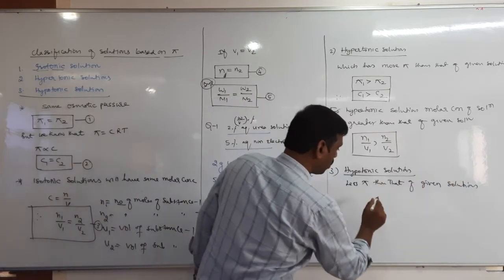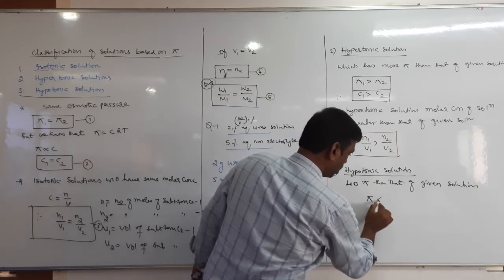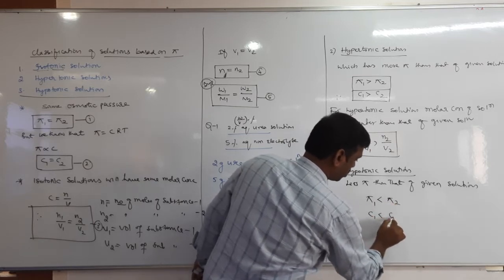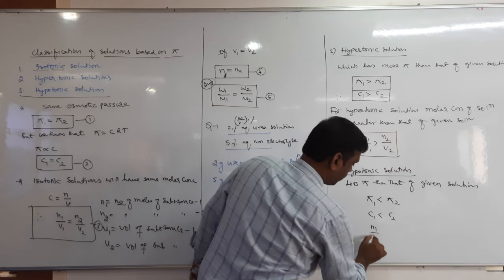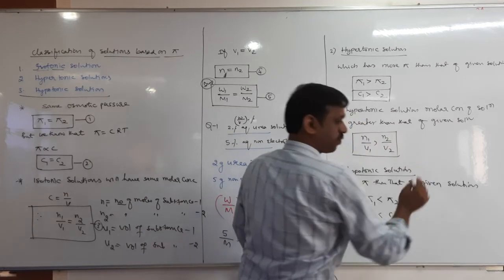For a hypotonic solution, pi 1 is less than pi 2, C1 is also less than C2, and N1 by V1 is also less than N2 by V2.